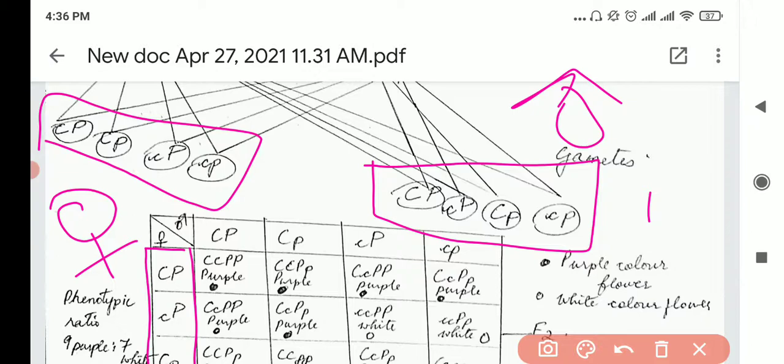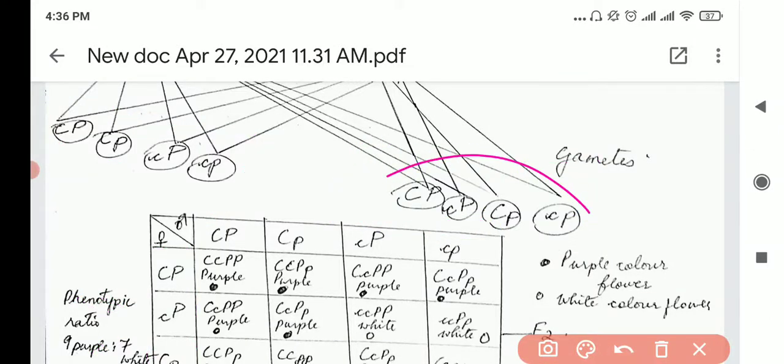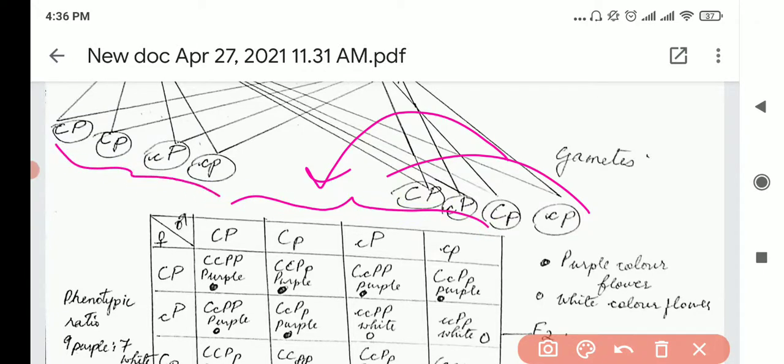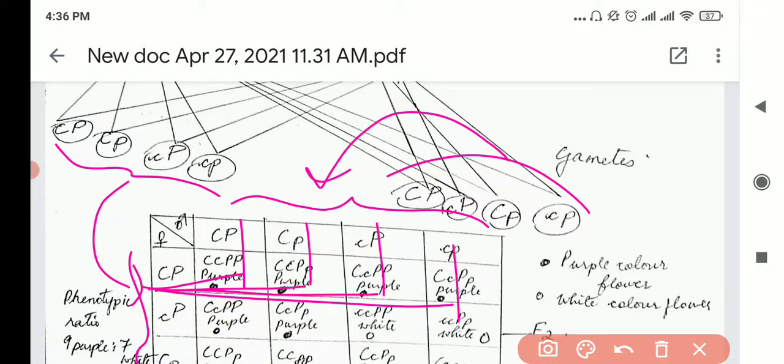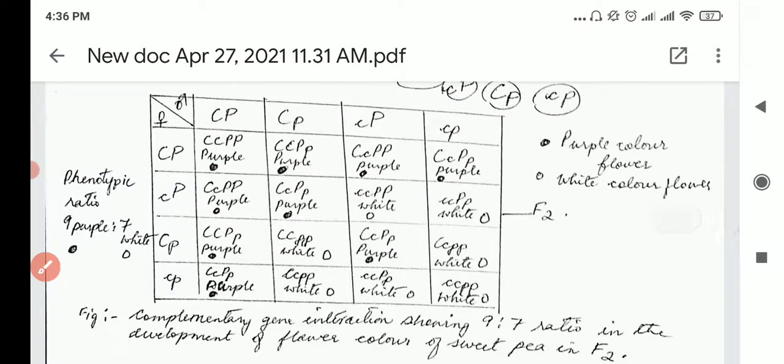Let's say this one I kept them here, and these 4 I kept them here, and these 4 I kept them down here. Okay, so you arrange them and then you add them together. This one plus this becomes what? Then this plus this become what? This is class 12 knowledge. So I know you will know how to make.